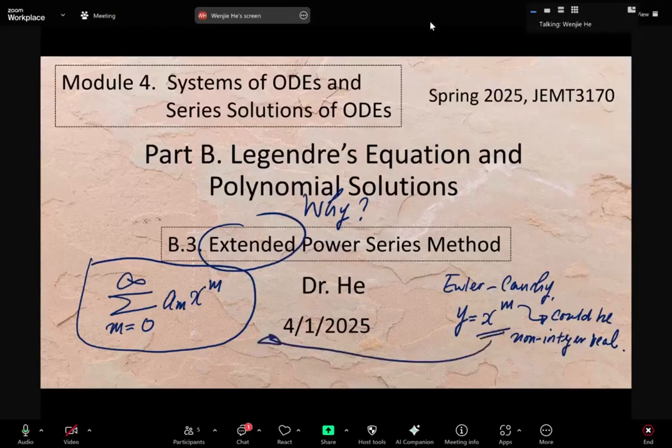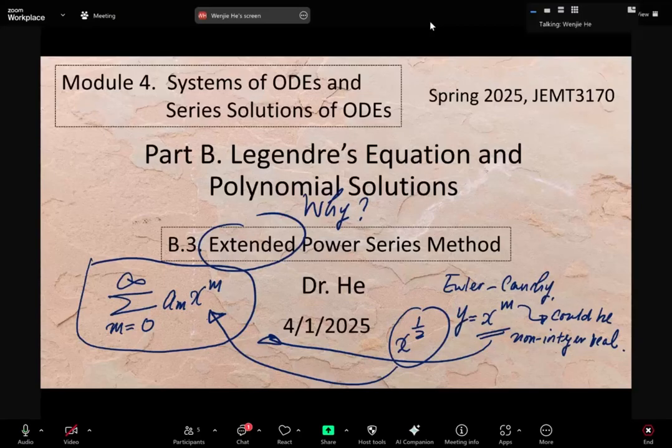Think about it: if this m is non-integer, how can you represent it as a power series? For integers, you only use x to the integer power terms. It's hard to represent even a simple example like x to the 1/2. How do you represent it?